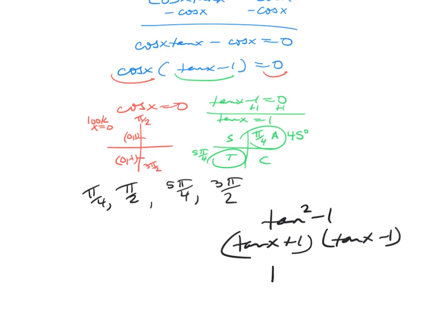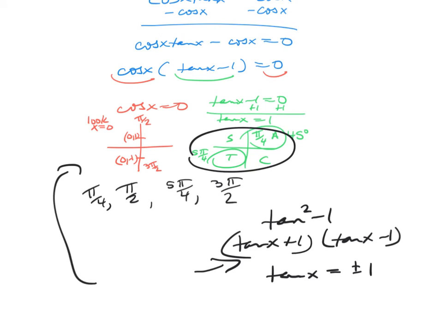So then when you go to look for this, you're looking for where tangent equals plus and minus 1. So it would be all 4 quadrants. Okay. So this would have 6 answers. Does that make sense? So you would get 4 from here, and then the 2 from the cosine. Okay. I understand.